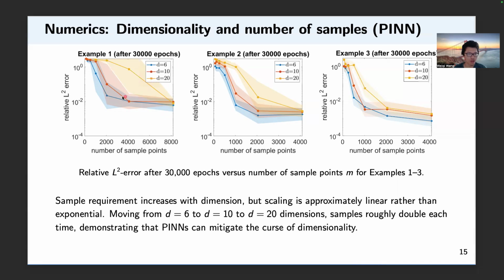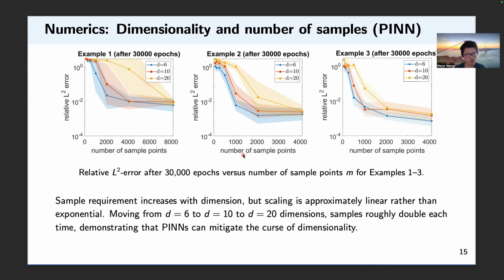In dimension 6, we need about 2,000 samples to converge. For 10 dimensions, we need about 4,000 to converge. And for 20 dimensions, we need about 80 sample points per dimension. So they are about linear in the dimension and do not explode exponentially. So with PINNs, we can see that they avoid the curse of dimensionality.